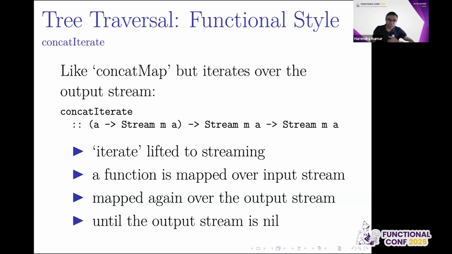And then in the generated stream, it will keep iterating in the same way. Again, for each element, it will map this function again, and it will keep on doing this forever. This is just similar to the standard iterate function in functional programming, except that it is a streaming version. It is lifted to streaming.